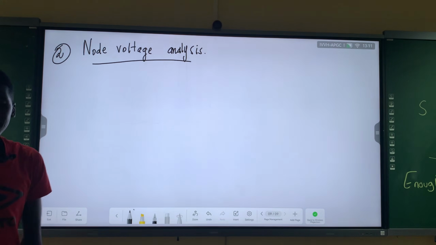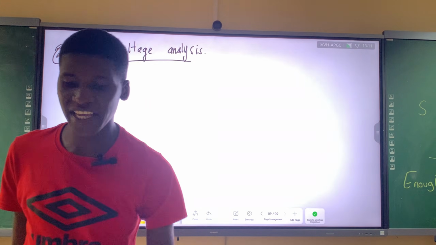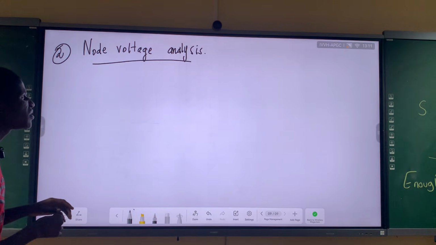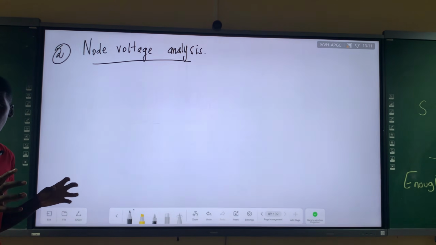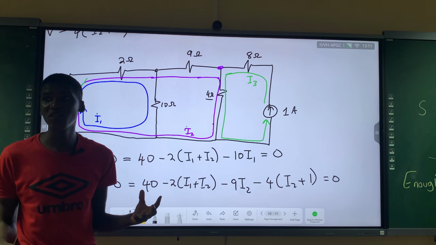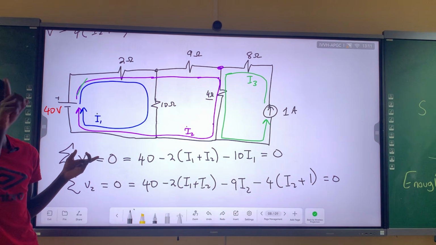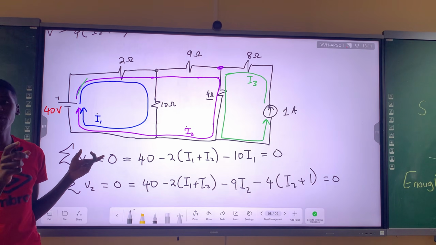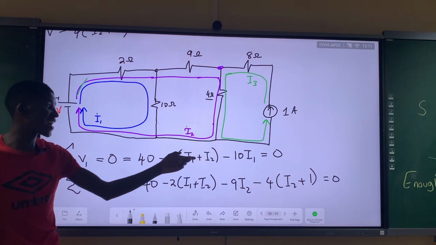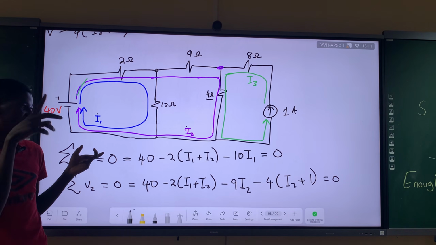So let's have the same circuit again, having the same things. But now we're going to use our node voltages. We're going to see where node and voltage meet. Because we know that the total voltage across a loop is equal to 0, a closed path, that is why we were able to combine the current with the voltage law.